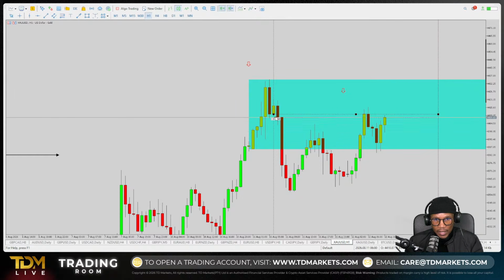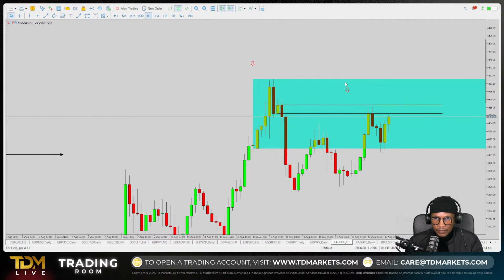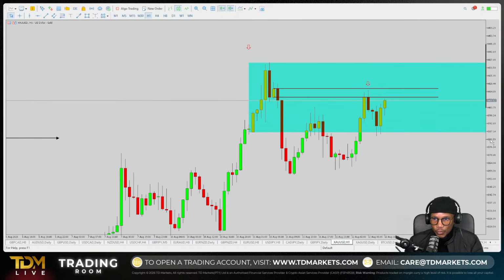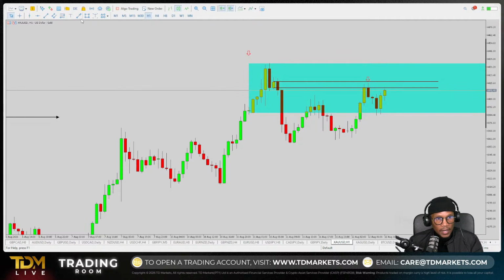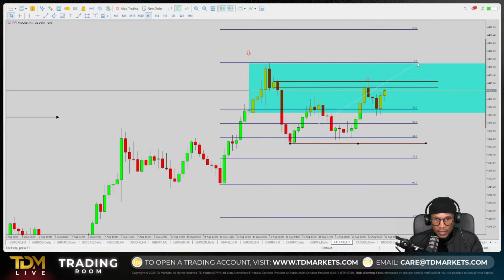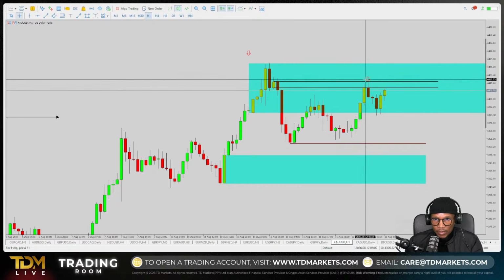If the supply zone holds price, then we're likely going to see gold either coming back down to these lows or going a little bit further down, either coming back down to this area here. So this is what's happening at the moment.